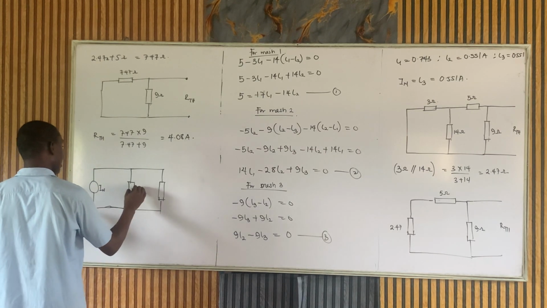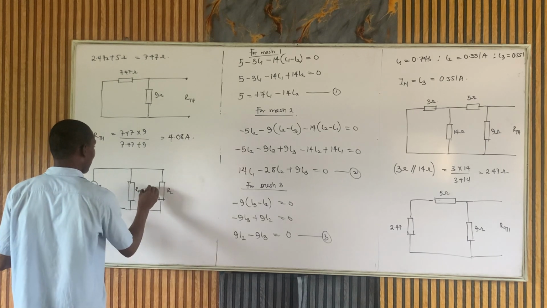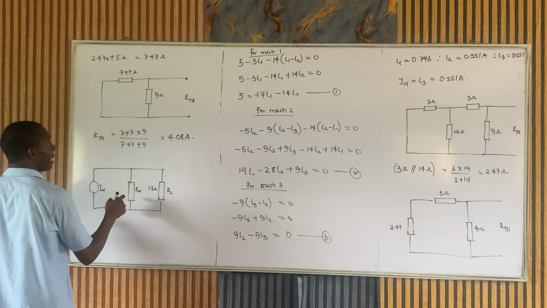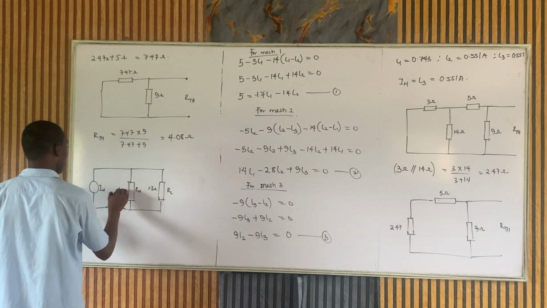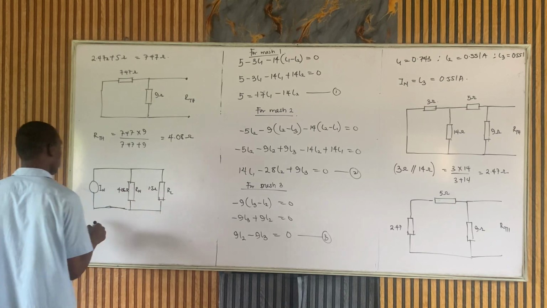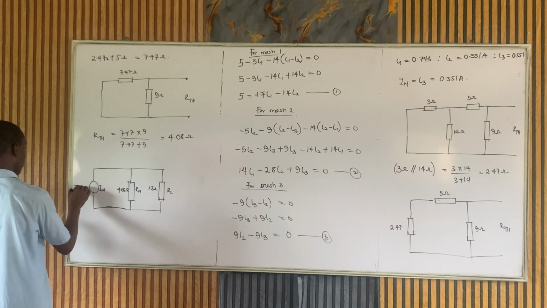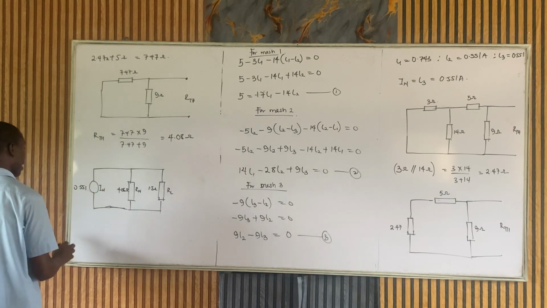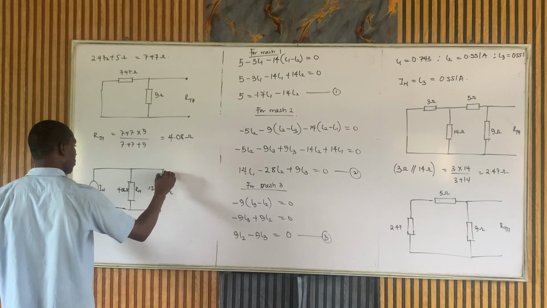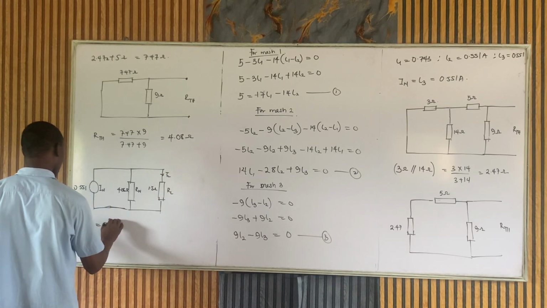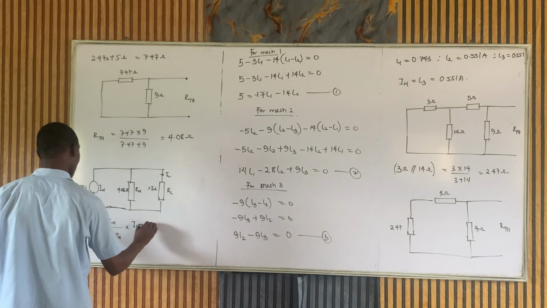Our IN, RN, and RL. RL is 1.5 ohm. Rn is 4.08 ohm, and our In is 0.551. So we can say that IL, the current flowing through this, is Rn over RL plus Rn times In.